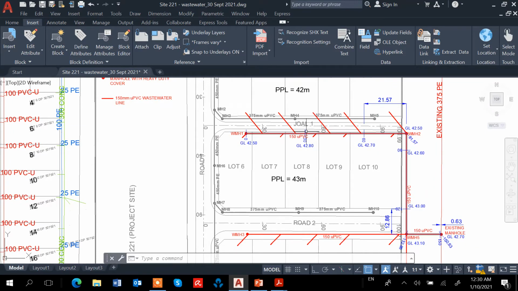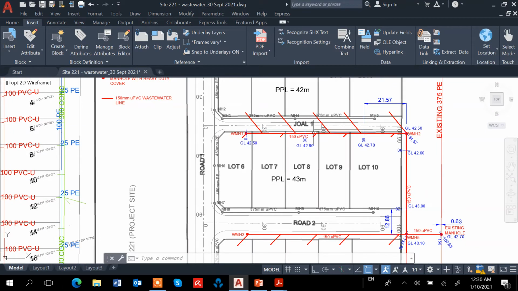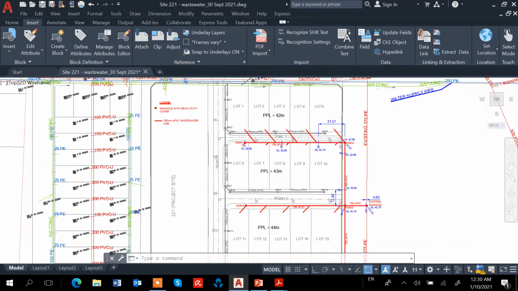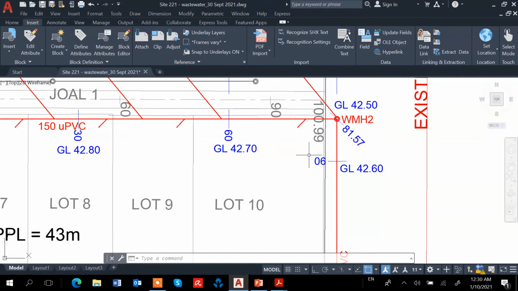Along this draw one we can see the existing ground level or the proposed platform level, and then the road level. It will end at this point here.